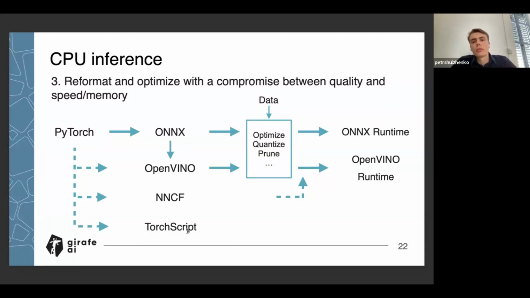Like this, you have the best performance possible. If the accuracy of the final model is not sufficient, you should maybe try the NNCF library, which is accessible from the OpenVINO library, but also as an independent thing.